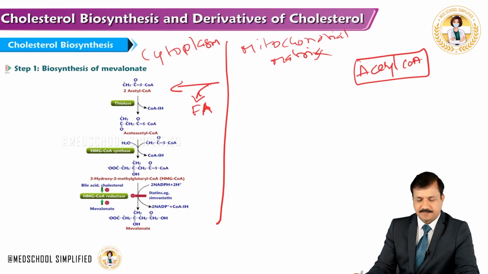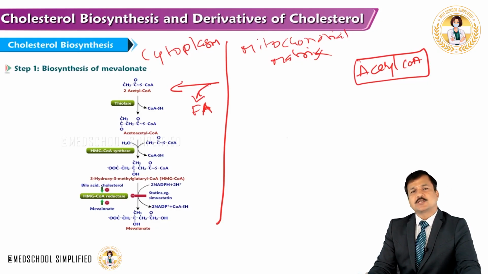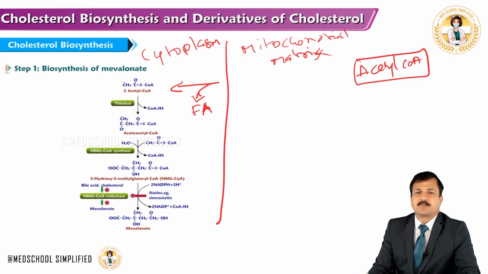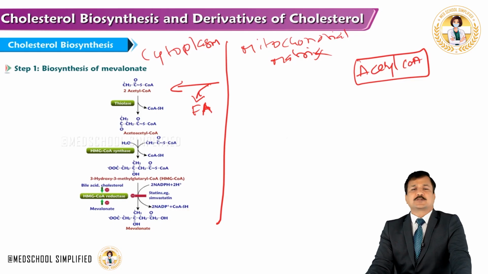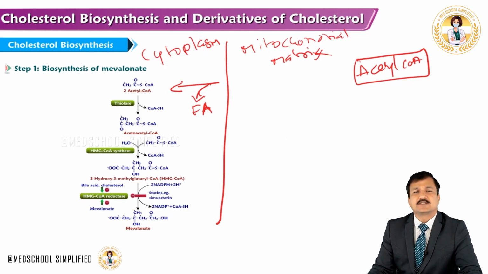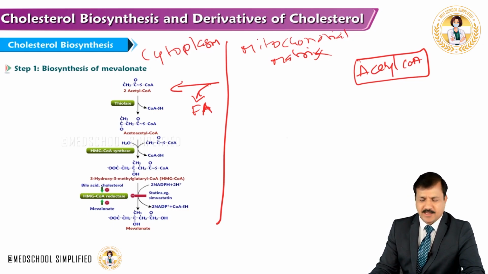So how is that done? The transport of acetyl-CoA out of the mitochondrial matrix into the cytoplasm, you must be aware of. That's another important concept that you should know, and I have also explained that in the fatty acid synthesis lecture. Let me briefly repeat that here.